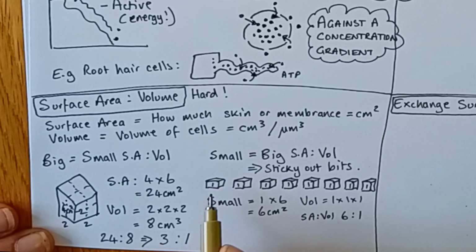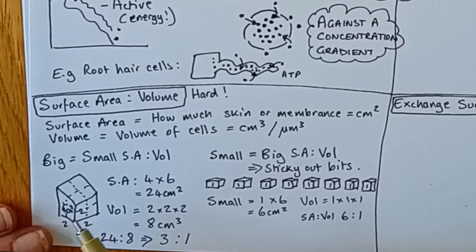So just by being small, it's still the same shape, but you can see it's doubled the surface area. So smaller things have got a larger surface area to volume ratio. So a mouse has a larger surface area to volume ratio than an elephant. And even if the mouse was the size of an elephant, the small mouse would still have a larger surface area to volume ratio.